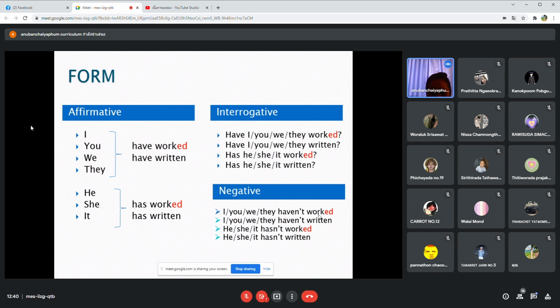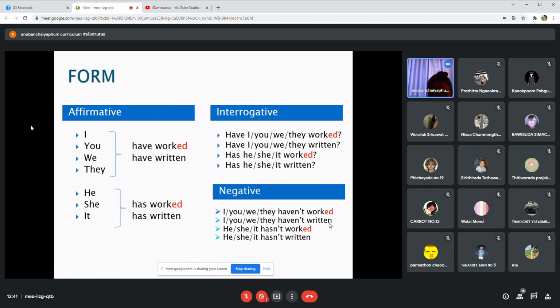It's still after have or has or haven't or hasn't. So in negative form, your sentence here, for example, I have written, will become I haven't written. Do you understand?